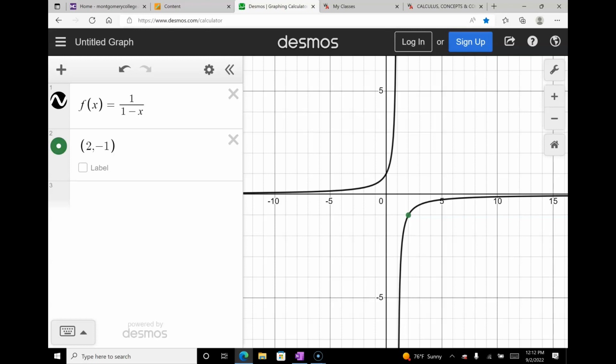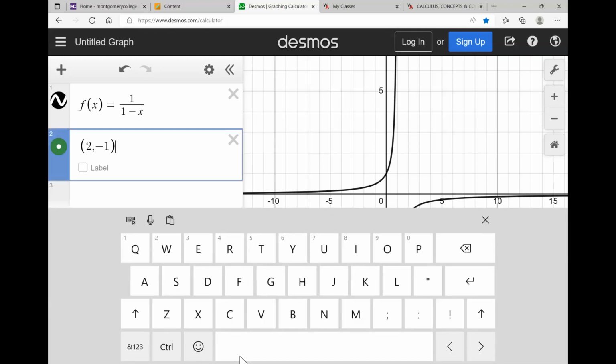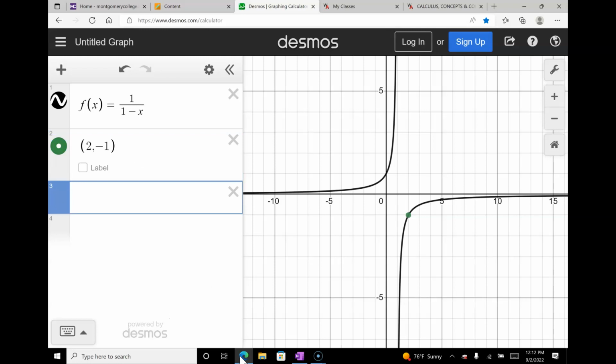I want to think about my secant line. So I'm going to add in my other point, right? And I guess I want to use a plus h, but a is fixed for me, isn't it?